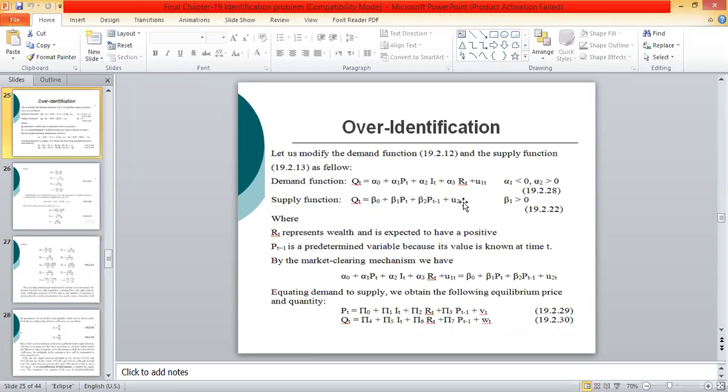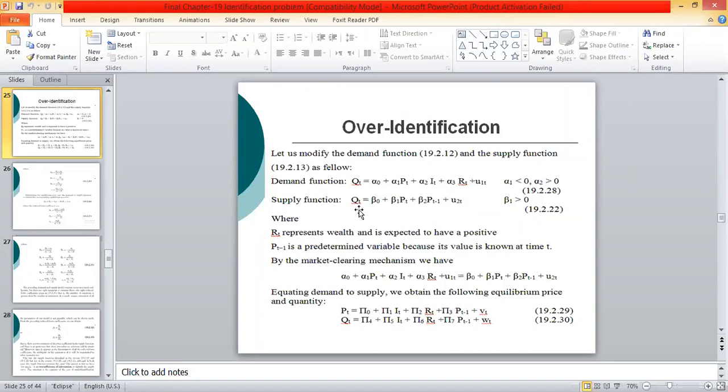So 3 minus small k, which in the first equation equals 2, so 3 minus 2, compared with m minus 1. Small m is 2, so 2 minus 1 is 1. So K minus k equals m minus 1, that is 1 equals 1. So the first equation is exactly identified.